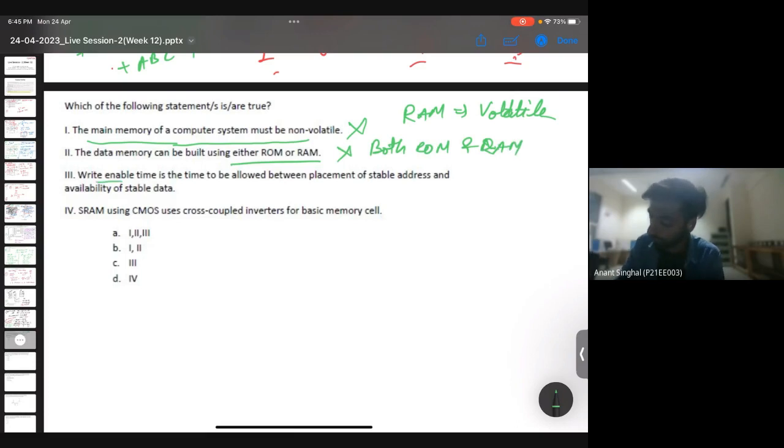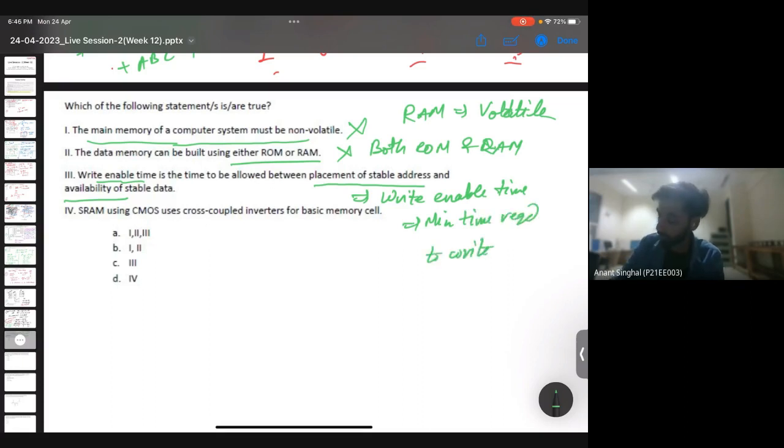It says the write enable time is the time between the placement of stable address and availability. So it is not that. The write enable time is the minimum time required to write. It is not the placement of a stable address and the availability of the stable address. And the last option says that SRAM using CMOS uses cross-coupled inverters. So this was question number 1, which we have already covered.